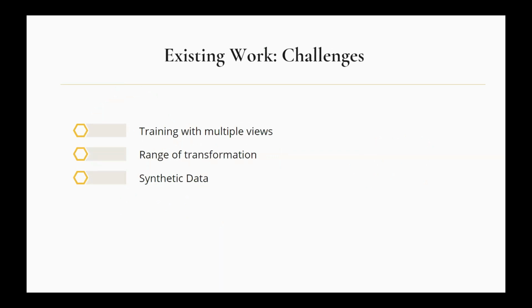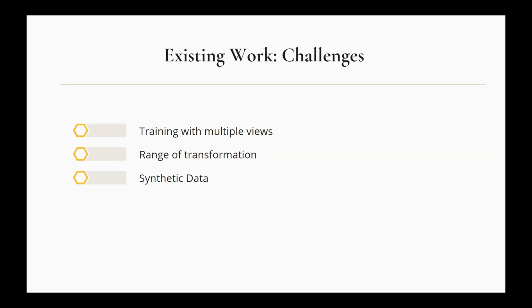Coming to the existing work in this research and the current challenges being faced here. Firstly, accurate synthesis requires a lot of input images for training the model. Different views of a scene are required in order to build a model. However, training on such large data is not feasible, and it sometimes defies its own purpose.